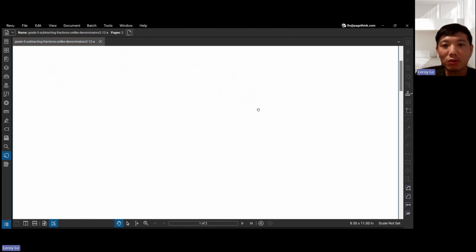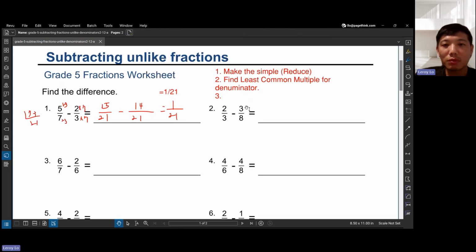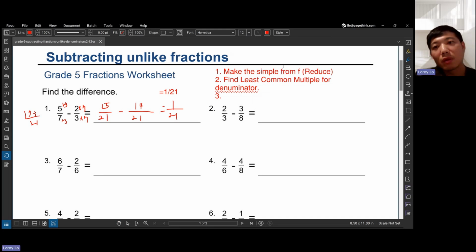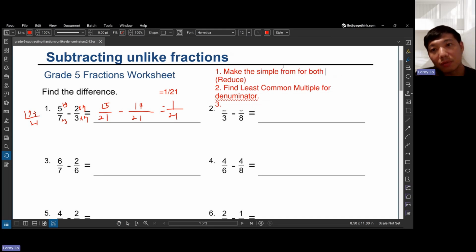Okay, moving on to the next one. So 2/3 minus 3/8. So let's see how many we can get. So first one, when we make the simple form for both side.